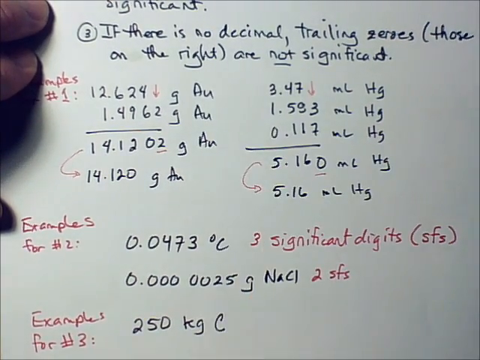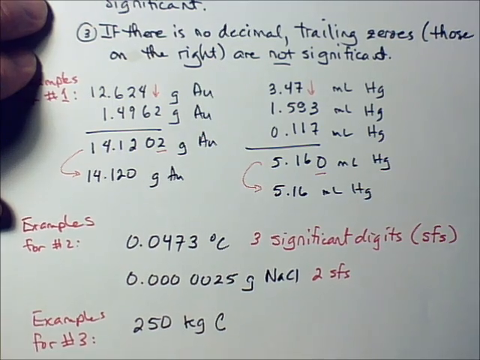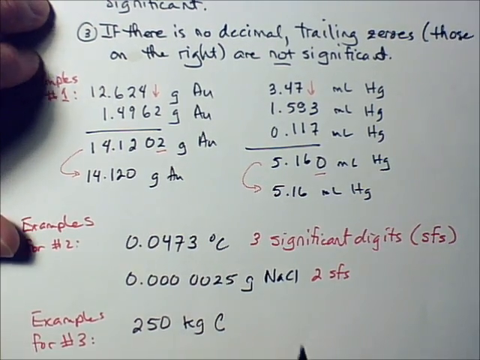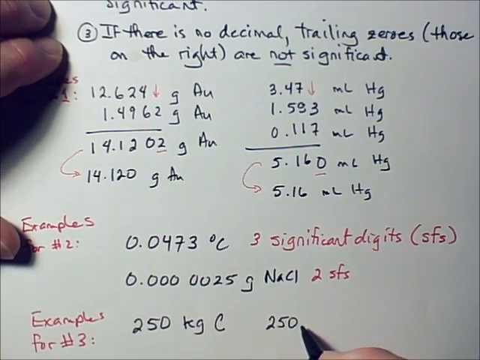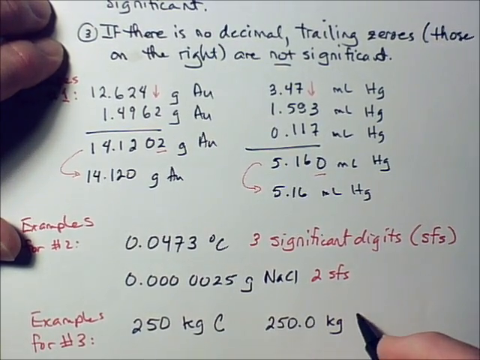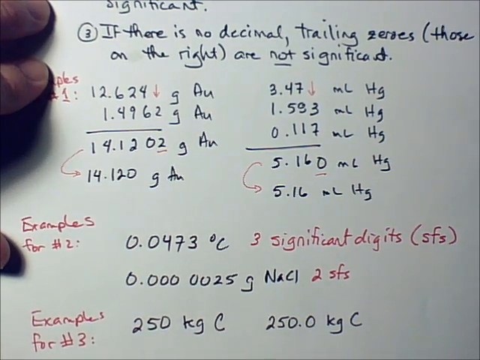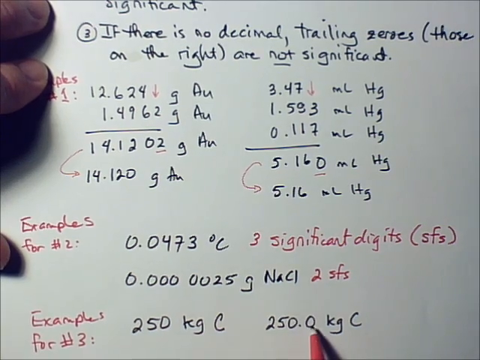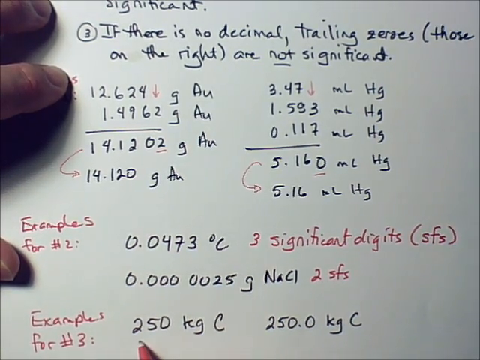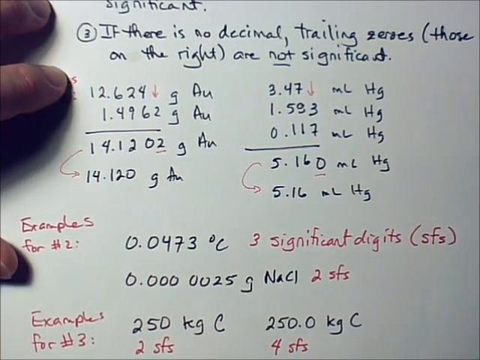Does that make sense? Got that? All right. But if I do this, now there's a decimal place. So we have no rule for insignificant digits here at all. How many significant digits in this number? 4. Both these zeros are significant because there is a decimal place. Trailing zeros are significant. That makes sense? Okay, so this has 2 significant figures, and this one has 4 significant figures. That make sense?